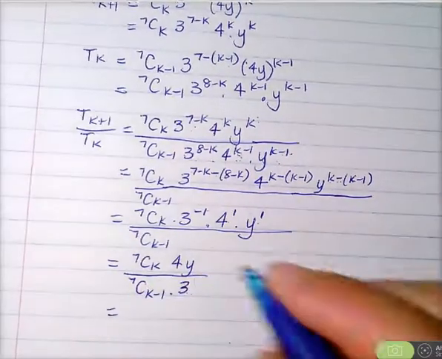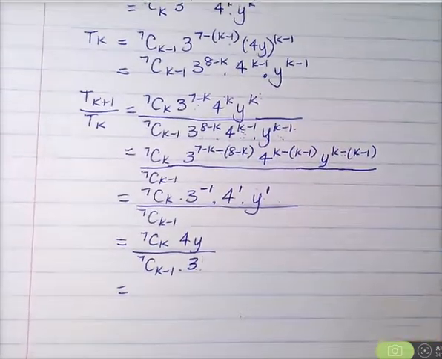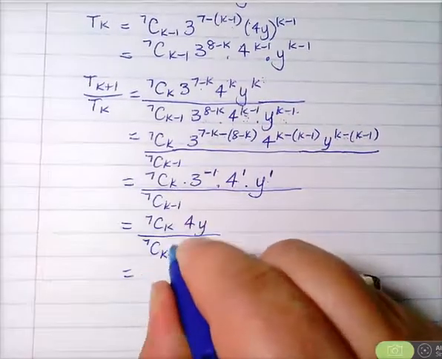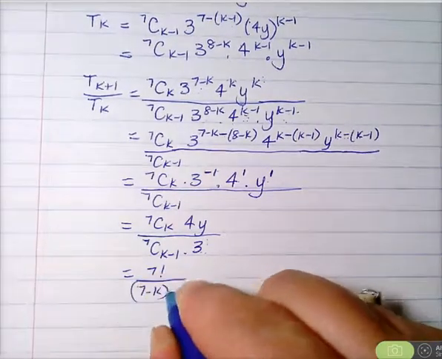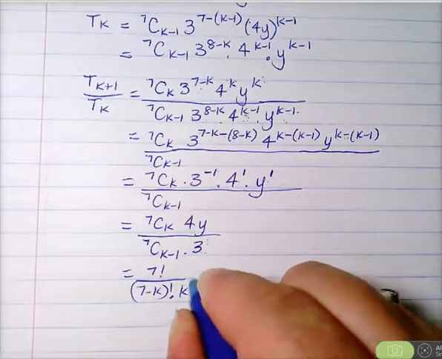So now I'm going to simplify the 7Ck over 7C(k-1). Now 7Ck is 7 factorial over (7 minus k) factorial times k factorial.